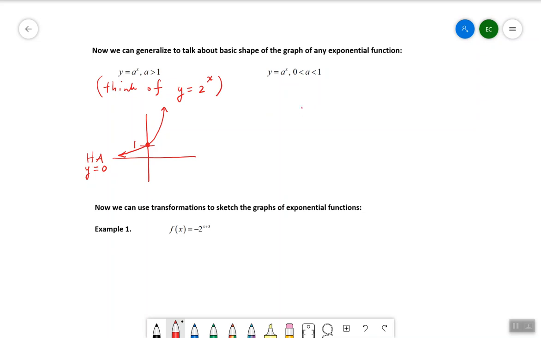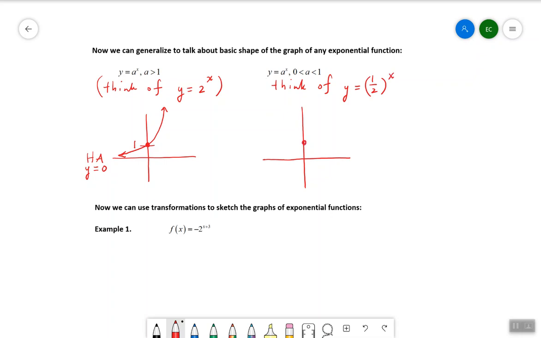Okay, so we need to know that graph, and then if we have y equals a to the x where a is between 0 and 1, then we should think of y equals 1/2 to the x.